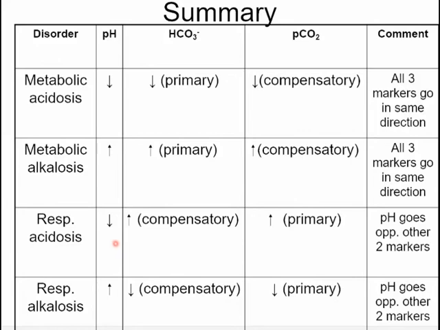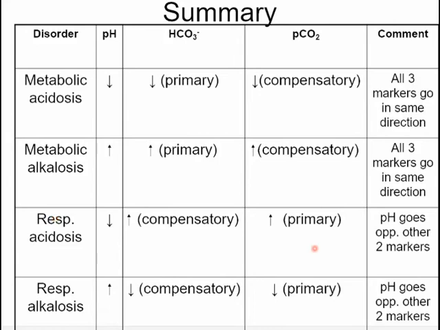In respiratory acidosis, on the other hand, you have decreased pH, but your bicarbonate and your carbon dioxide are increased. So pH goes in the opposite direction to the other two markers. In respiratory alkalosis, you have increased pH, and decreased bicarbonate and decreased carbon dioxide. Your pH also goes in the opposite direction to your other markers.